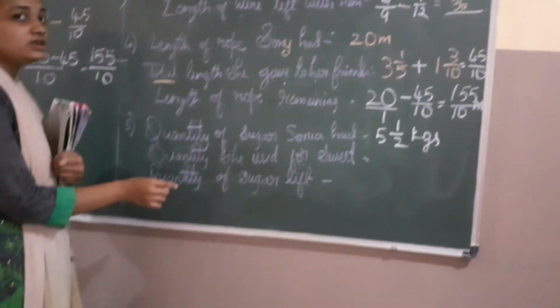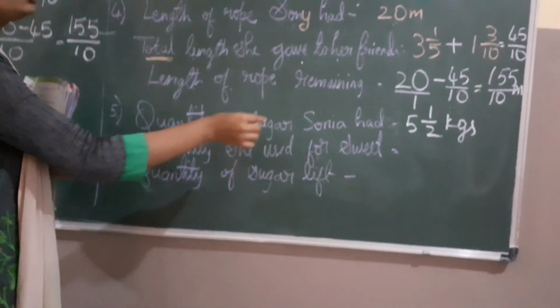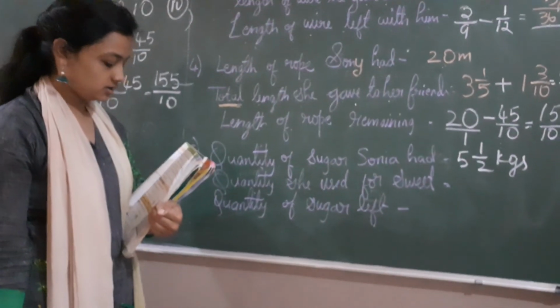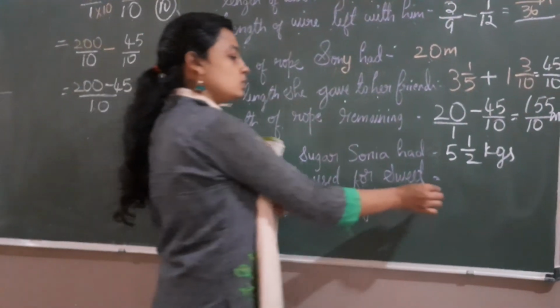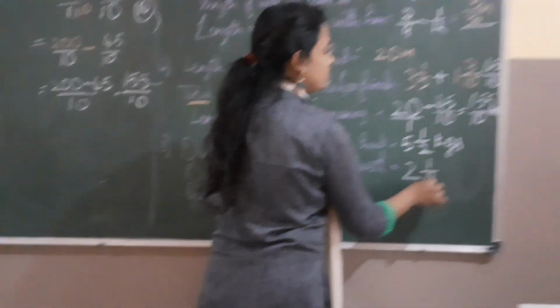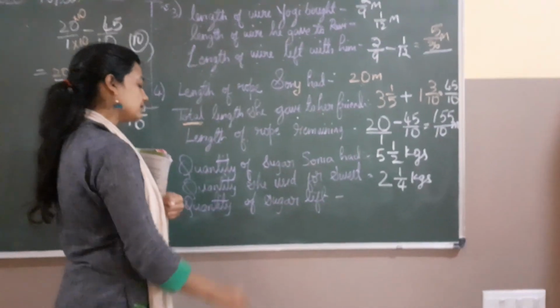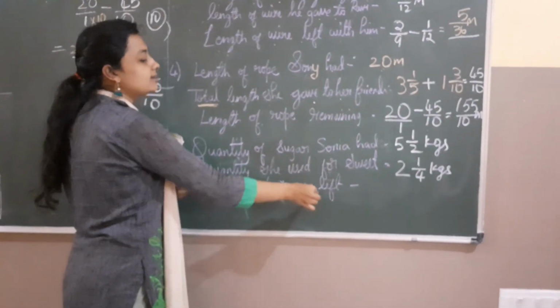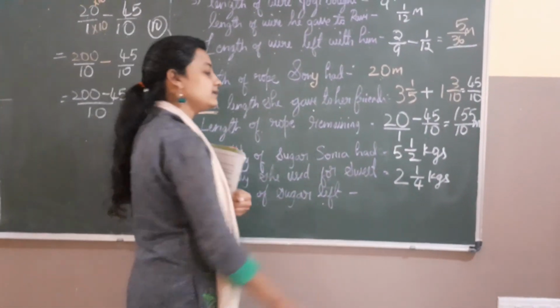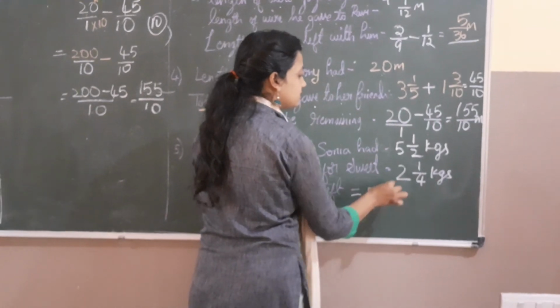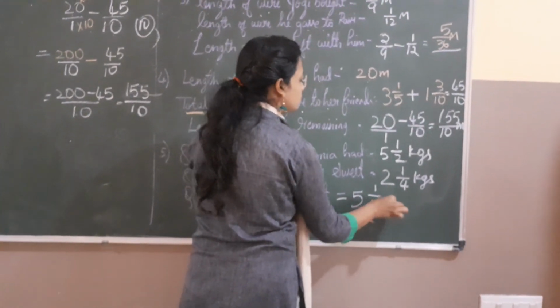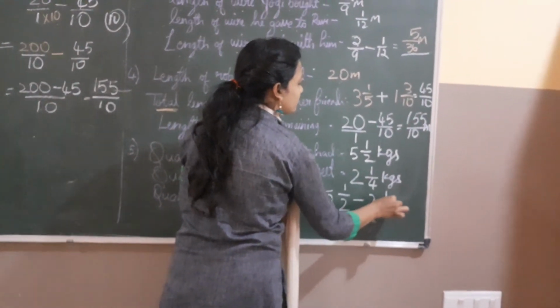How much did she use for making sweets? She used 2 1/4 kgs. Now what should I find? Quantity of sugar left. For that I should subtract 5 1/2 minus 2 1/4.